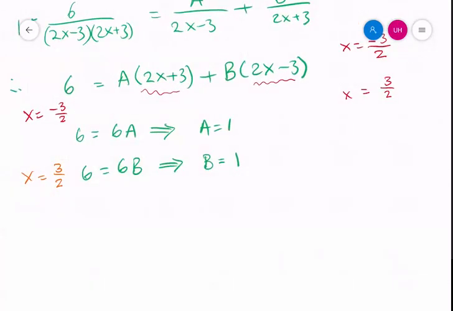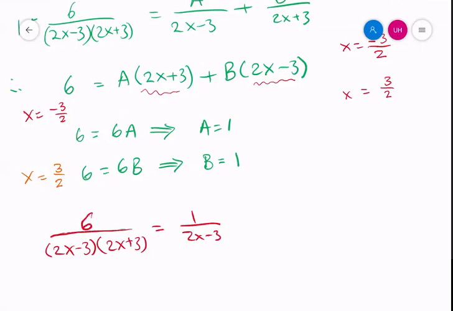So therefore we can write 6 over (2x minus 3) times (2x plus 3) equals 1 over 2x minus 3. Yes, I think there is a mistake here. When we substitute by minus 3 over 2, we get b, not a, and we get it as minus 1.